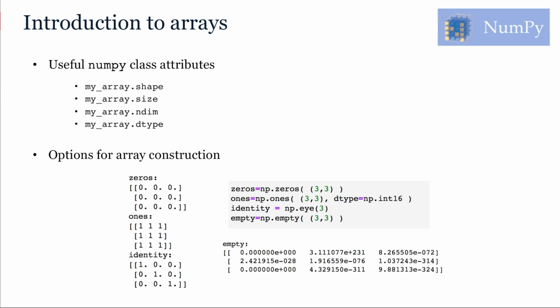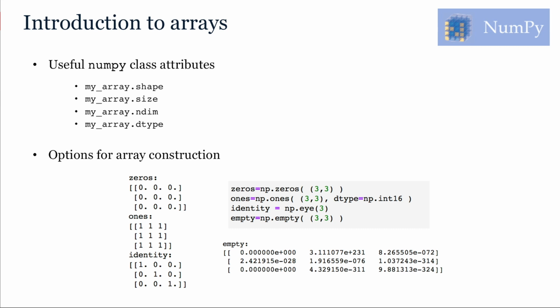Each type of NumPy matrix is a class, all inheriting from a single base class, and they all share certain attributes including shape, which gives you the row, column and higher dimensions, size, which is the total number of elements, ndim, which gives you how many dimensions it is, so 1 for vector, 2 for matrix and so on, and dtype, which will return the type of data in the array.